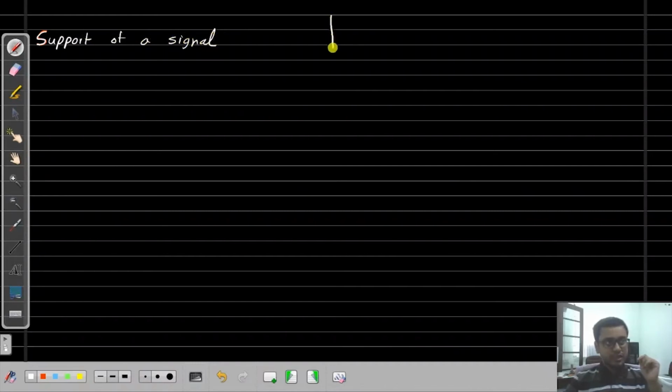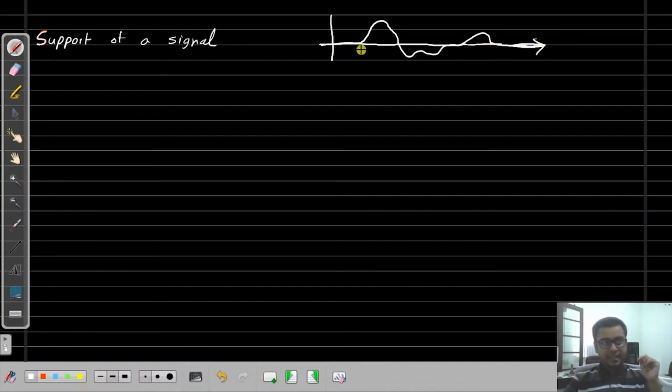Suppose a signal looks like this. It is 0 up to this point, then here it is non-zero, and then it becomes 0 again.